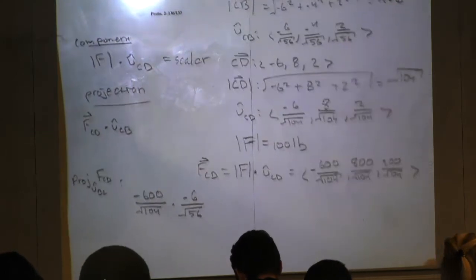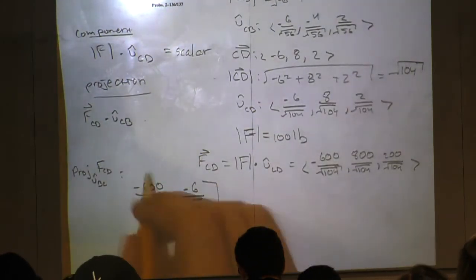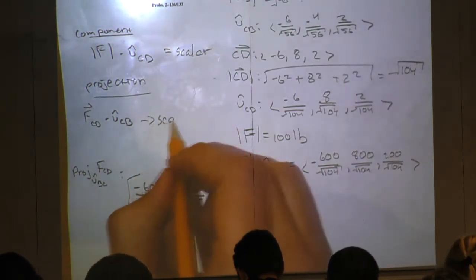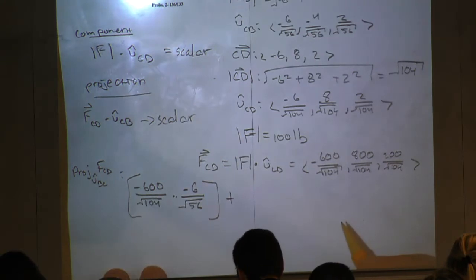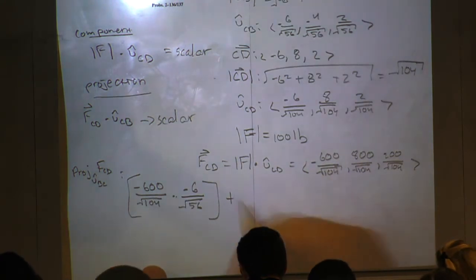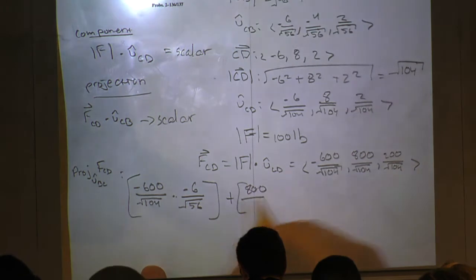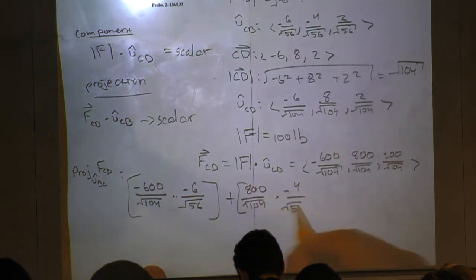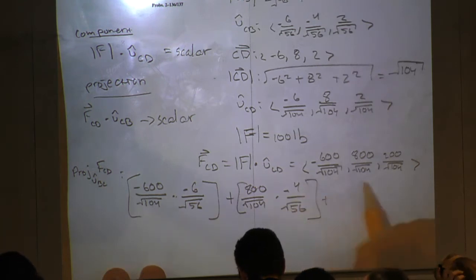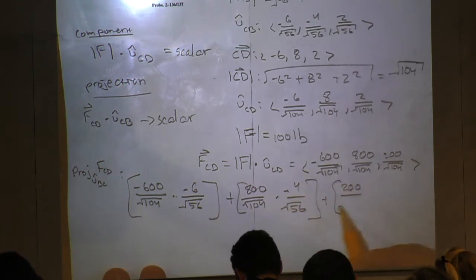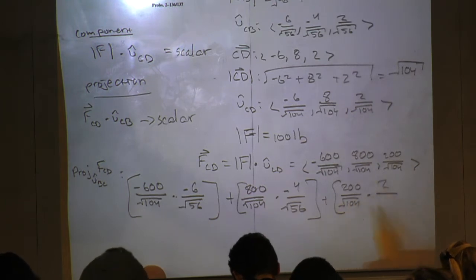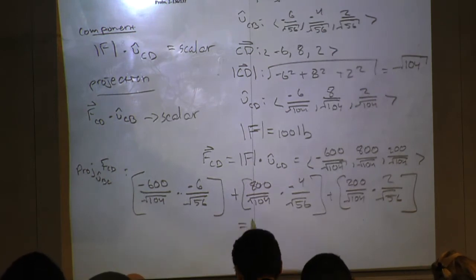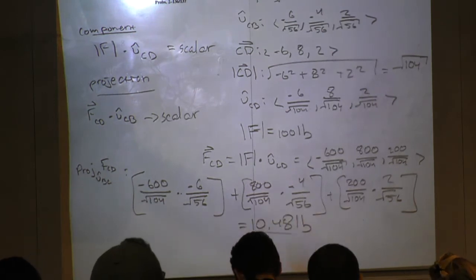Can you guys see everything? Good? All right, so this is my first term. Then 800 over root 104 times negative 4 over 56. And 200 over root 104 times 2 over 56. All right, so add all this up, get 10.48 pounds.